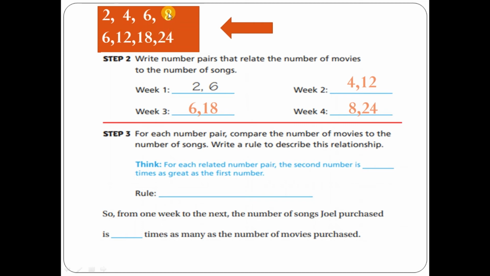So the rule between pattern number 1 and pattern number 2 is to multiply by 3. For each related number pair, the second number is 3 times as great as the first number. So the rule between the movies and the songs is 3 times. The songs are 3 times more than the movies.